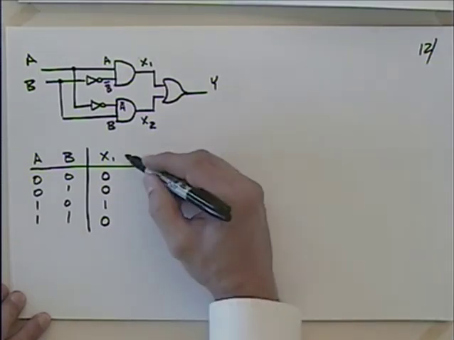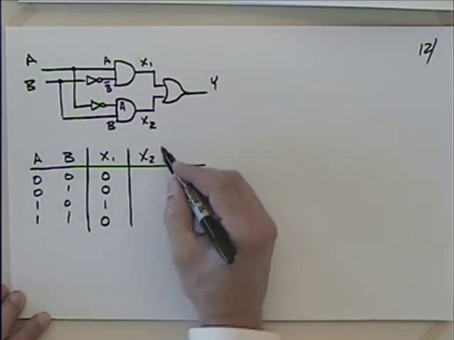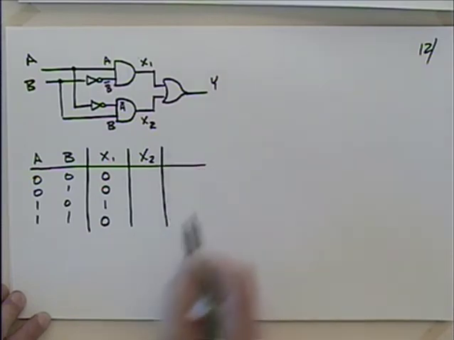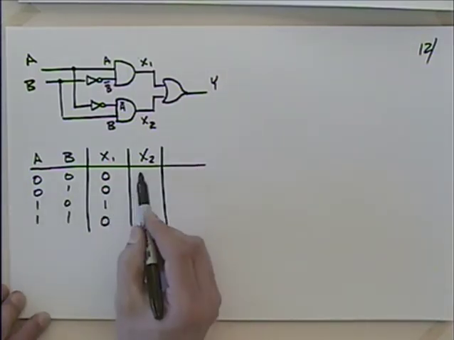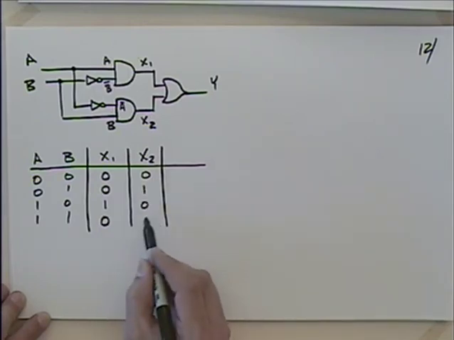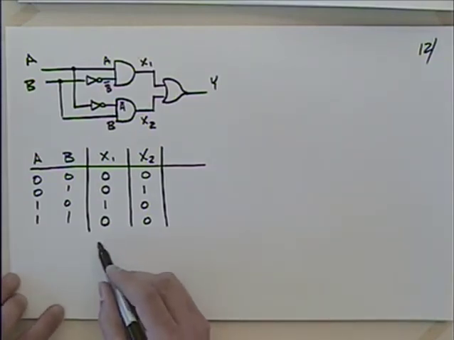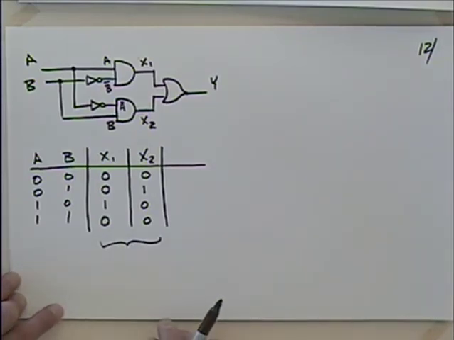And likewise, if I go through and I talk about x2, what am I going to get with x2? This will be 0. Now this will be 1. This will be 0. And that will be 0. So what are we doing with x1 and x2? We're running those into an OR, aren't we?